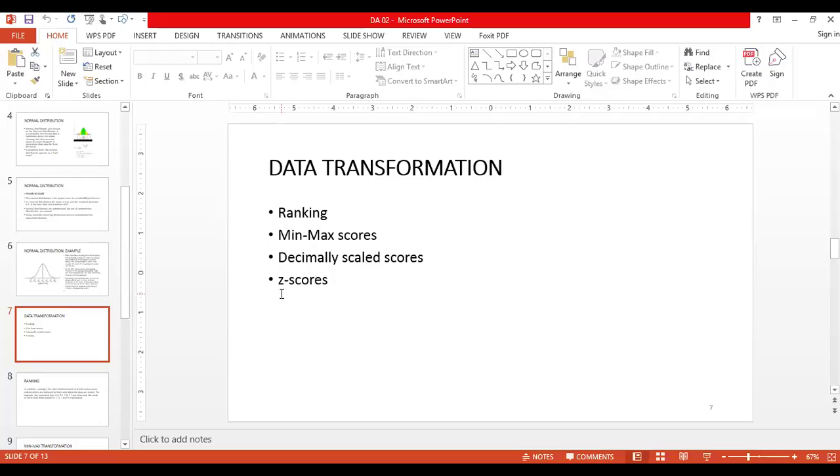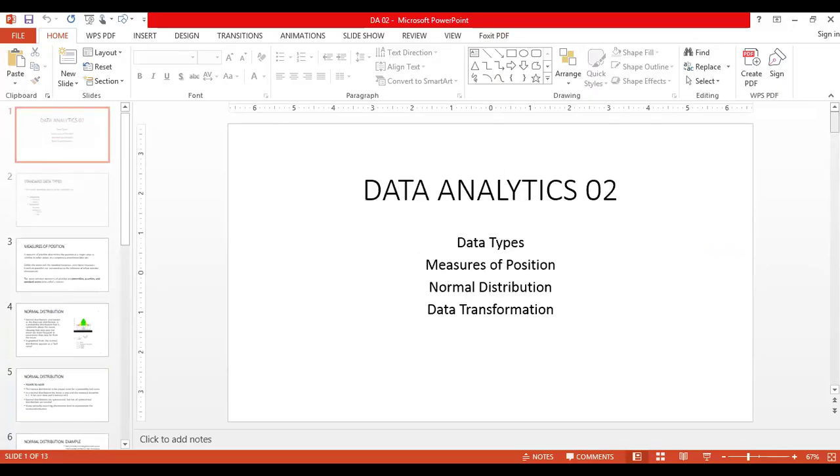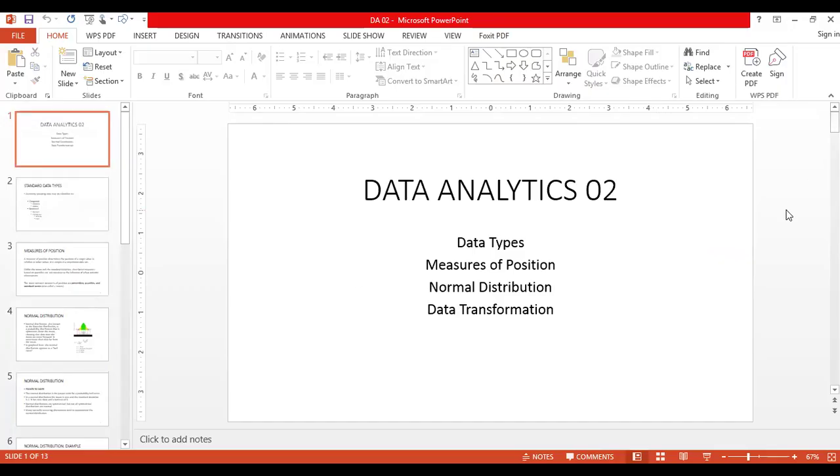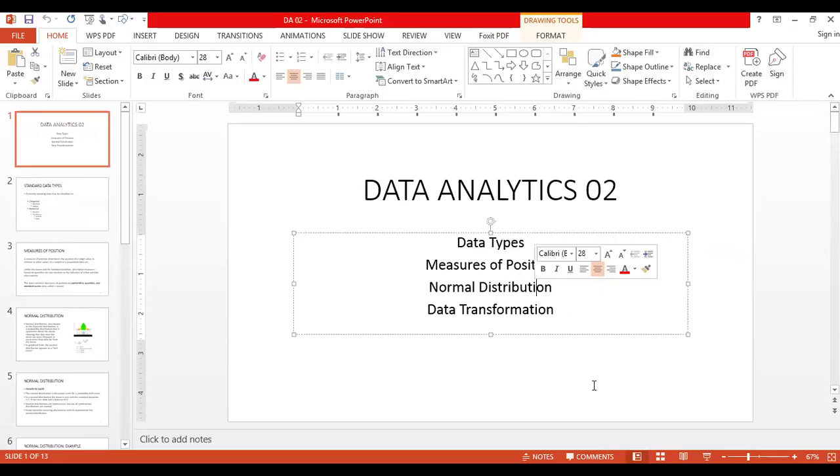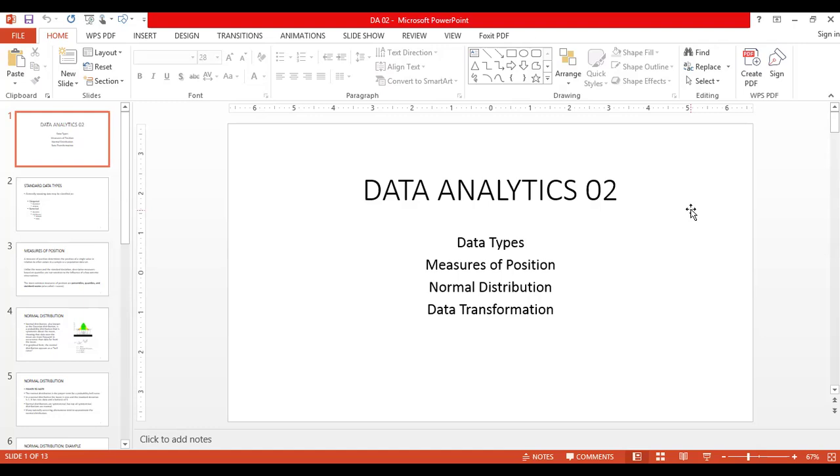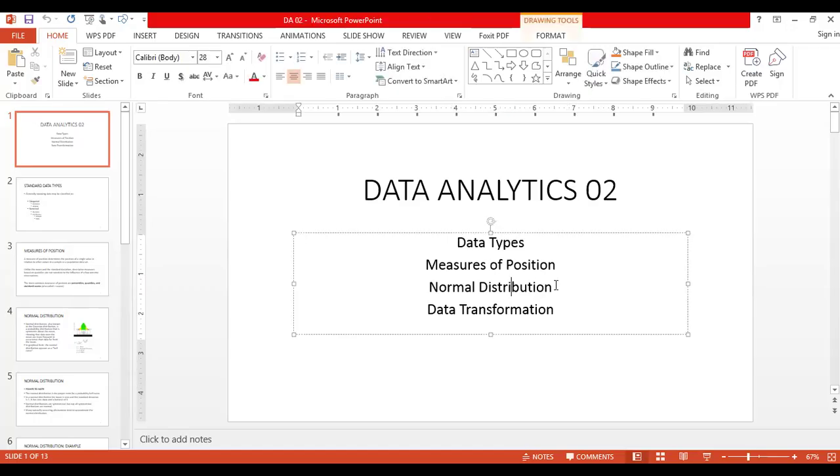So, specifically, we are going to be looking at some of these topics. In particular, the normal distribution. I think we dealt with data types before, and I think we've also done measures of position. But we are paying special attention to the normal distribution.